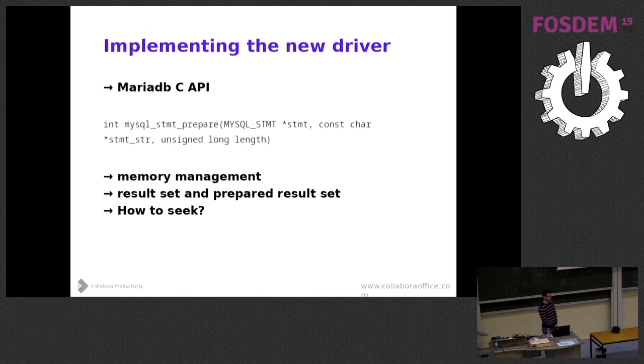There are separate functions for freeing the resources. Also, an interesting thing for me was that there are 2 implementations for result set in the C API. Separate implementation for the statements and the prepared statements.